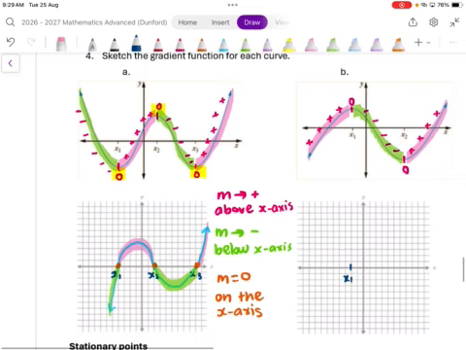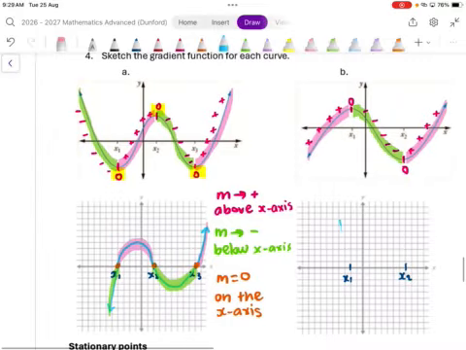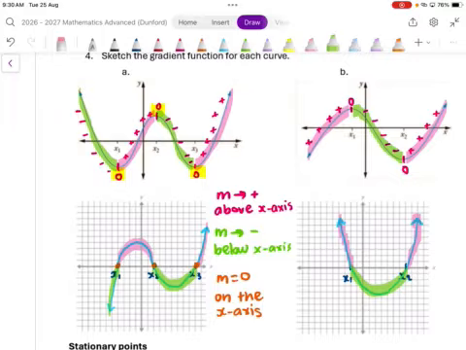We want to put where our x1 and our x2 are, and our gradient starts positive, so we want to start above our x-axis, go below our x-axis, and then back above our x-axis. And so what you will notice is that our original function that we started with was a cubic.